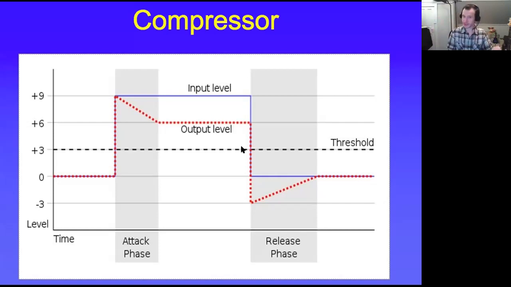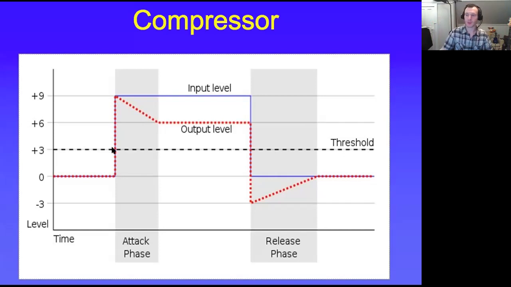And affected, in this case, means the volume will be turned down. So, when the signal is below our threshold point, which is represented by this black line here, the compressor doesn't do anything. But when the signal goes above that, the compressor will engage.